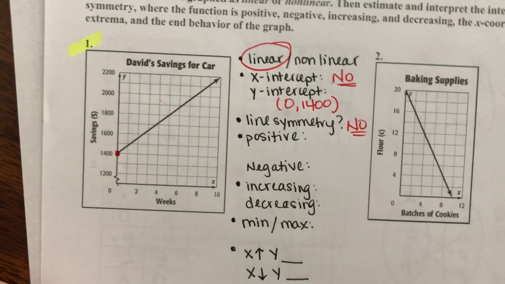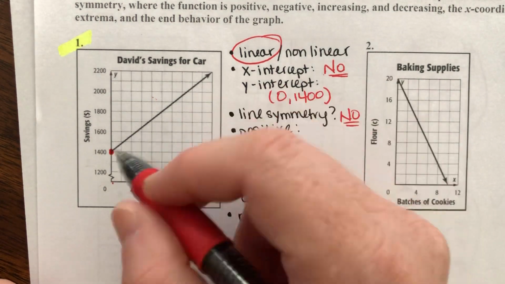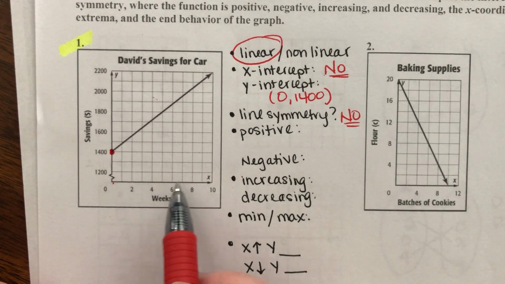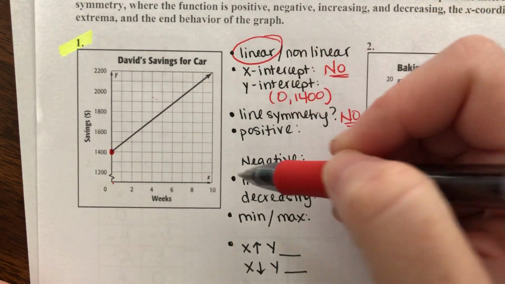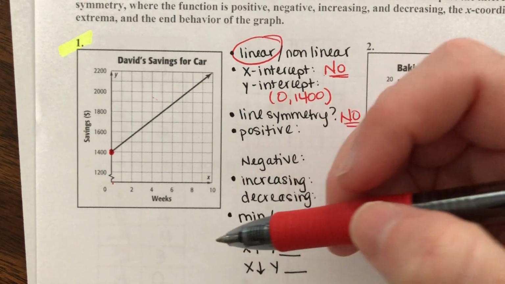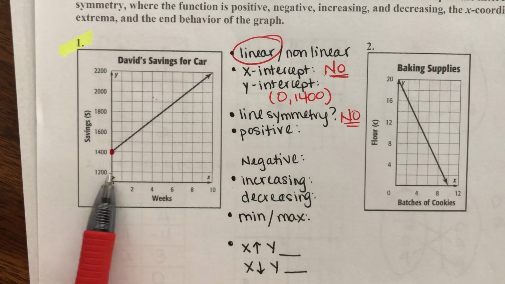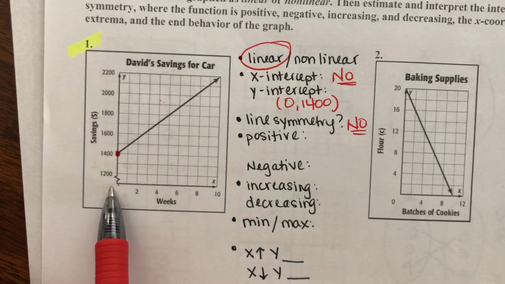Where is our graph positive? Where is our graphed line above the x-axis? Positive and negative, think of the x-axis like water level. If you're above water level, you're positive. If you're below water level, you can't breathe, and that's negative, right? So what part of our x-axis is our graph above? Looks like the entire thing, starting off at 0.